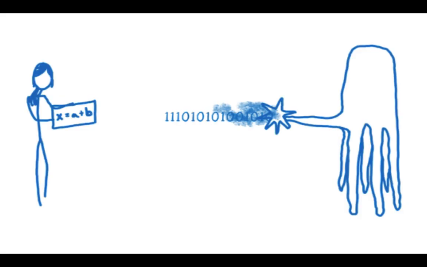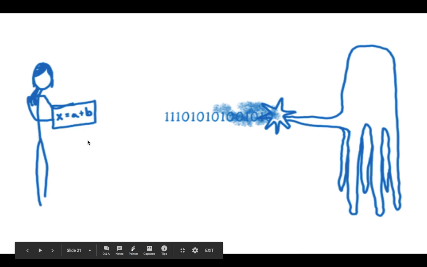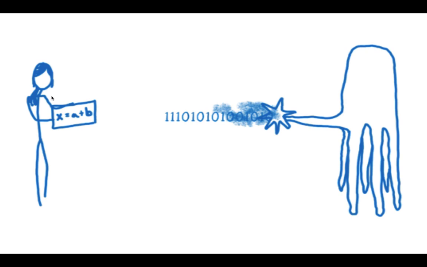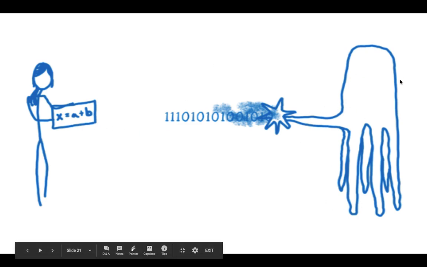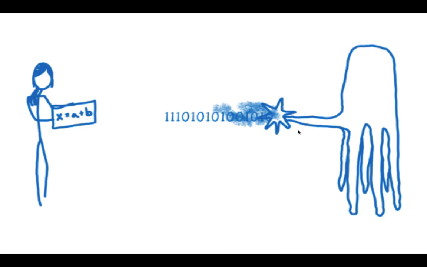In the last video I explained how people like us write code in a high level language and that code gets translated into lower level language that the machine can understand. But how does the machine understand this code that's in binary?